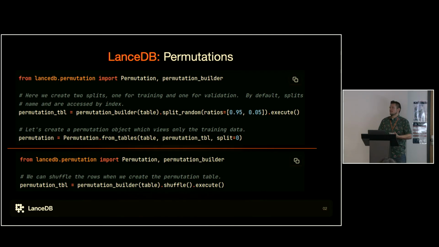That means if some image was in split 1 before, and you added a bunch of new data to your table or deleted some rows, that image will still be in split 1. So it's a little bit more stable. So there are some configuration options. And you can also just say, use this column to figure out what my splits are. So if you want to calculate them in some completely weird way, you just store that as a column in your table, and you can use that.